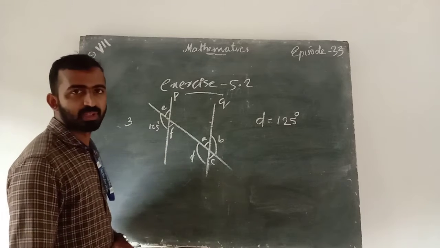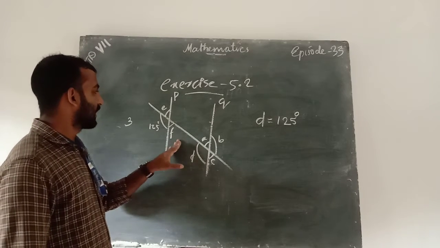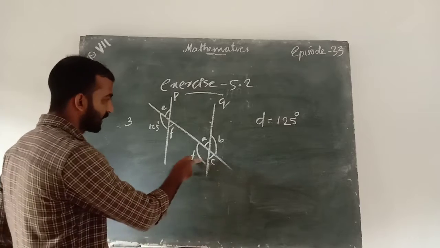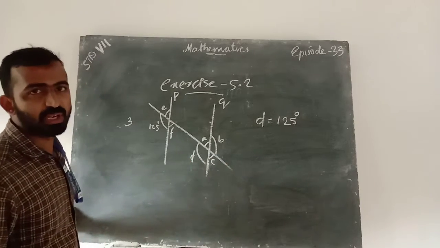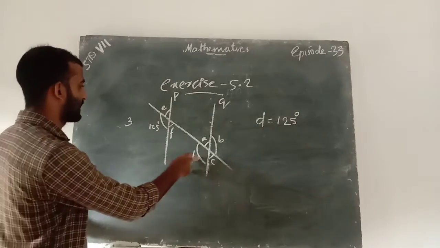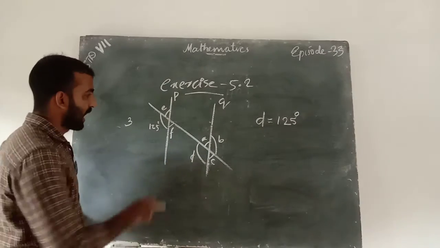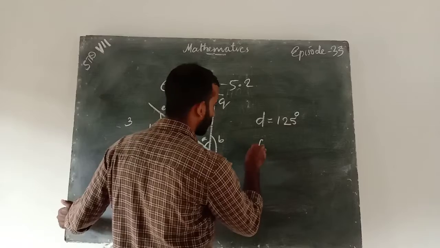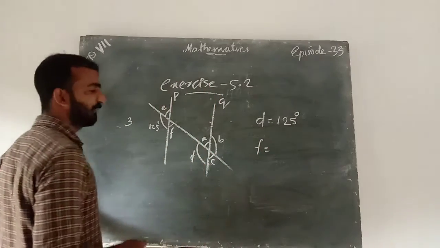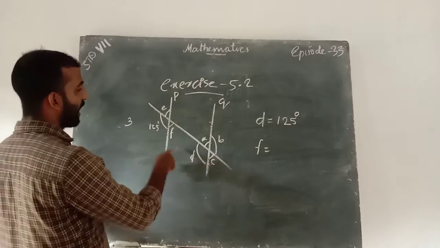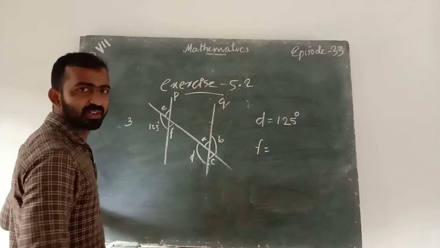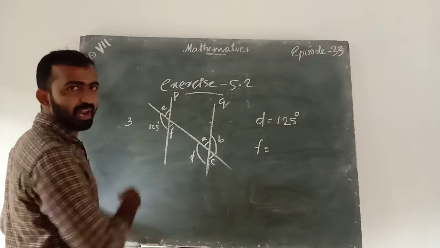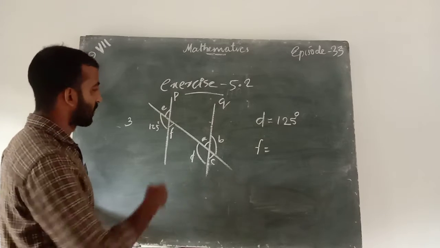And next is A. Here we get D is 125 degree, because these angles are corresponding. And next is F equal to. F and D are interior angles on the same side.